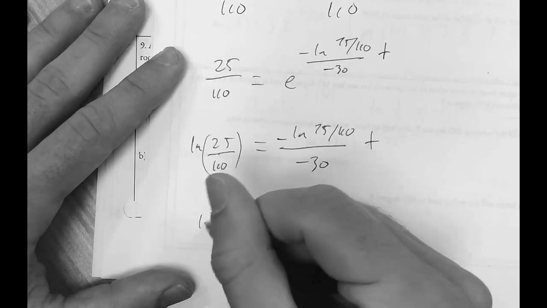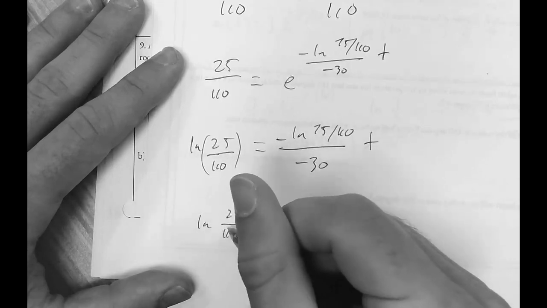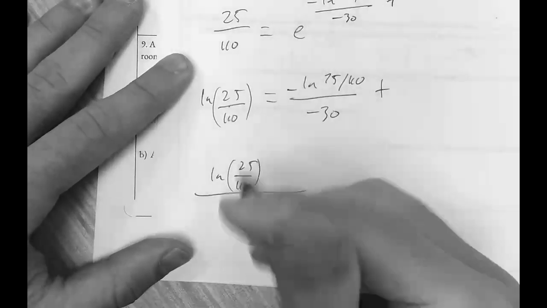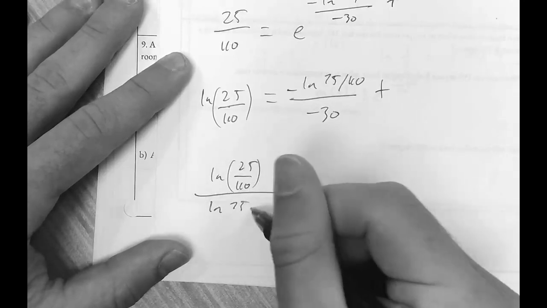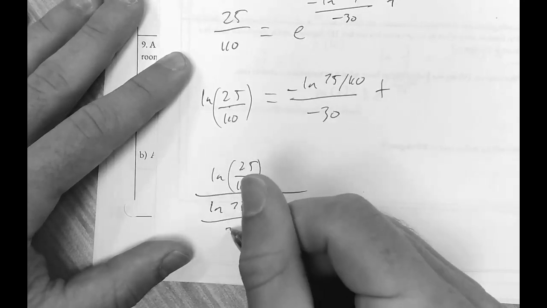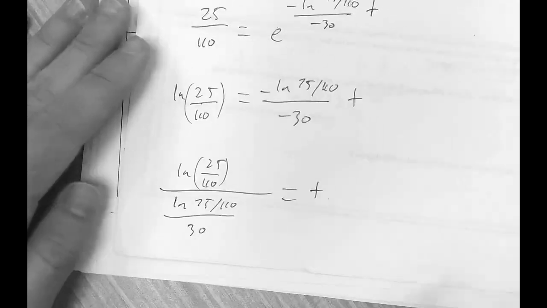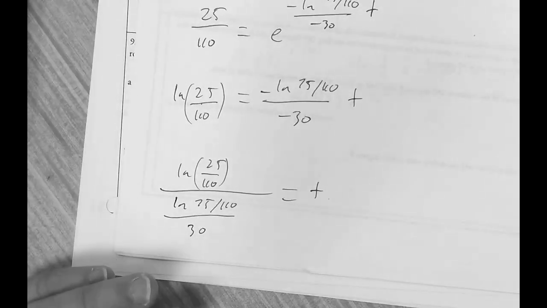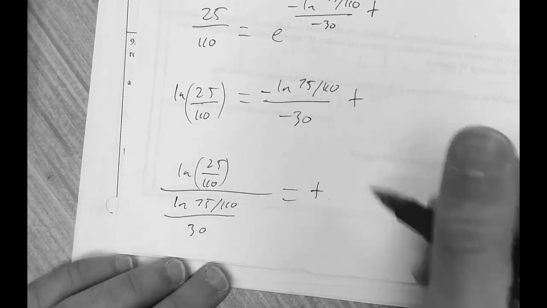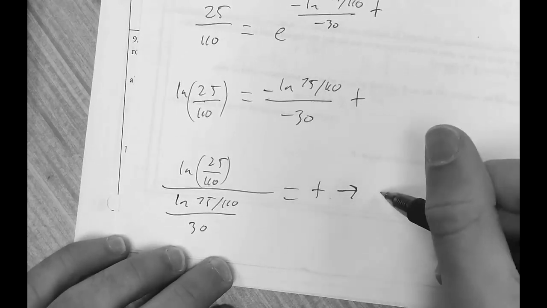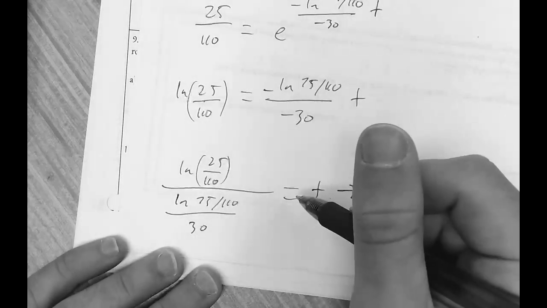And so my last step, divide both sides by this, we're going to get ln 25 over 110 over ln 75 over 110 over 30 equals t. Okay, I did this part in the calculator just to put numbers to this. I would accept this in minutes.